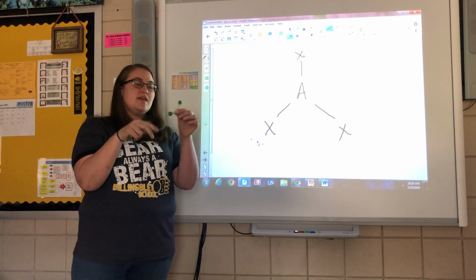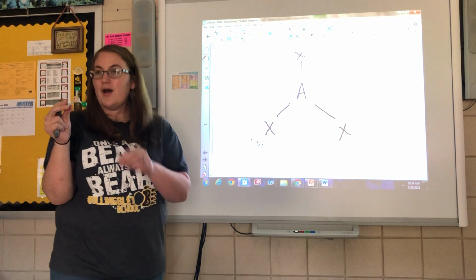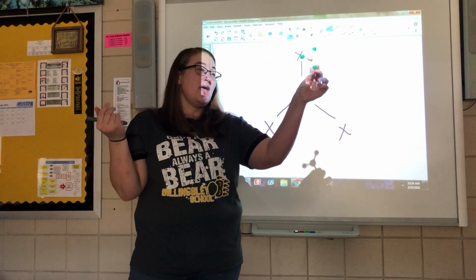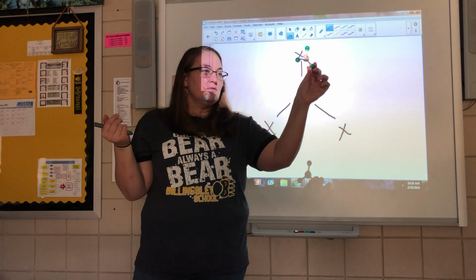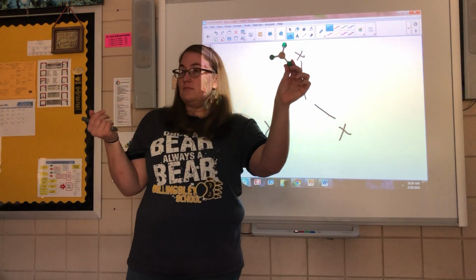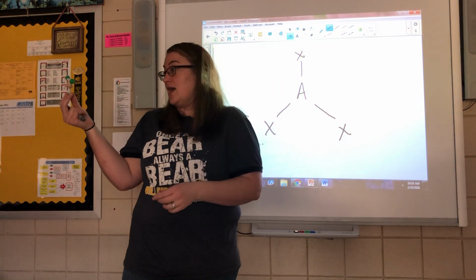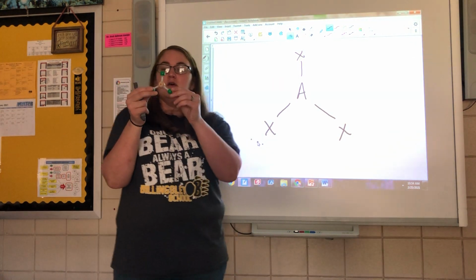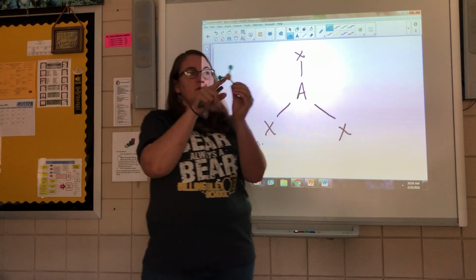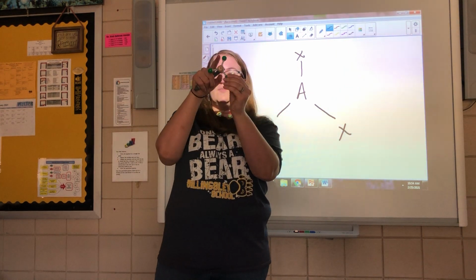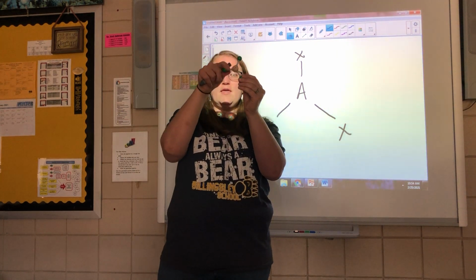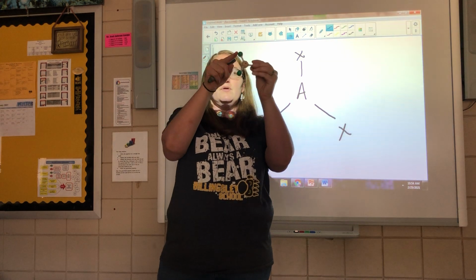So what do you think the bond angles are? First of all, do we have bond angles? Yes, because we have at least 3 atoms. Do you think they're equal? The bond angle here, 1, 2, 3, that angle, this angle, and this angle.